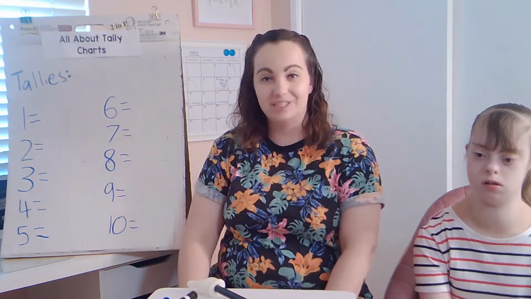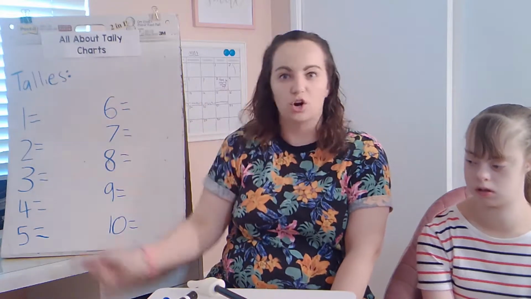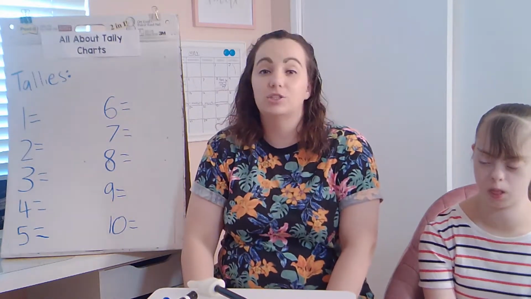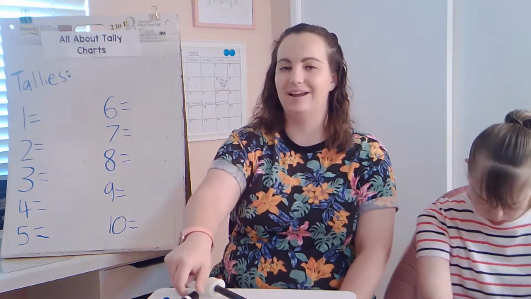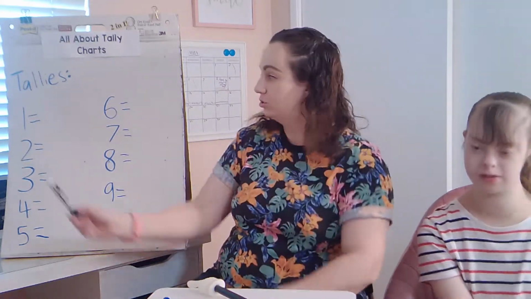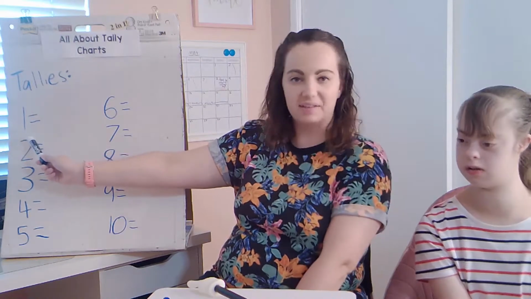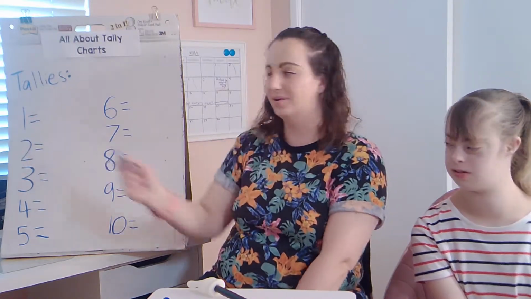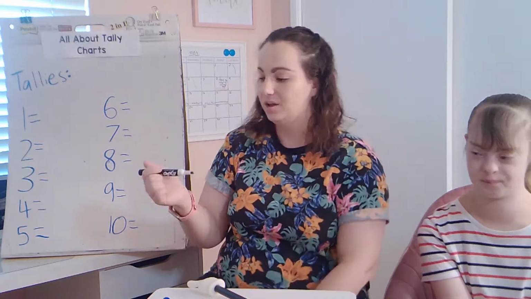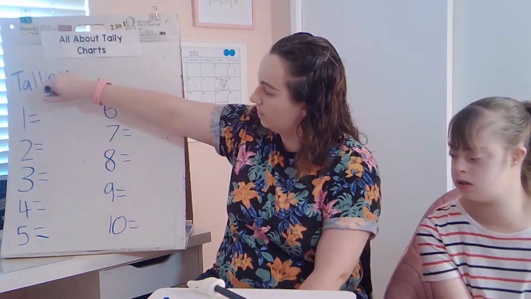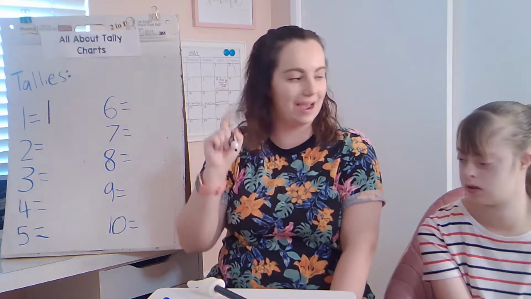But before we jump into reading charts or graphs, I wanted to review what tally marks are. We know that we usually write the number 1 like this. Well, if you were going to show the number 1 in a tally, you would just go 1 tally.